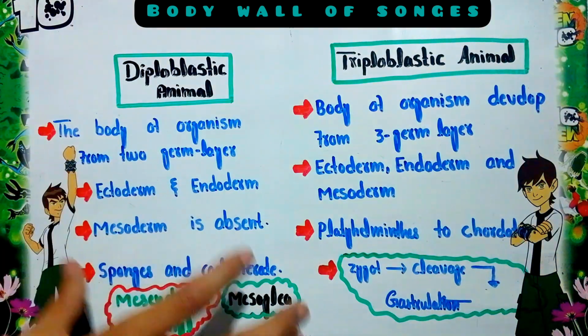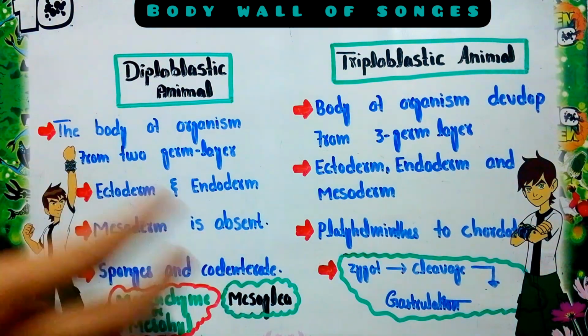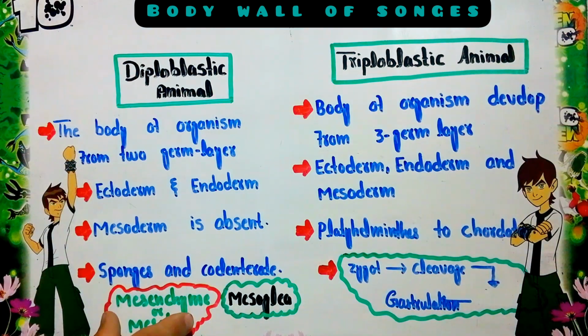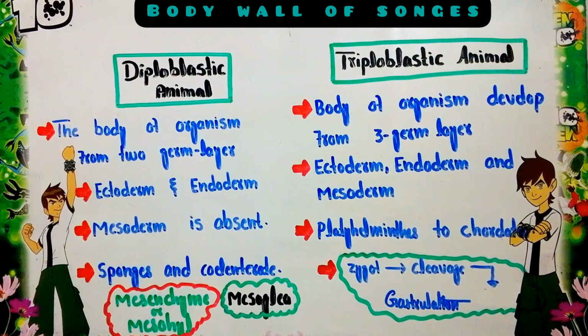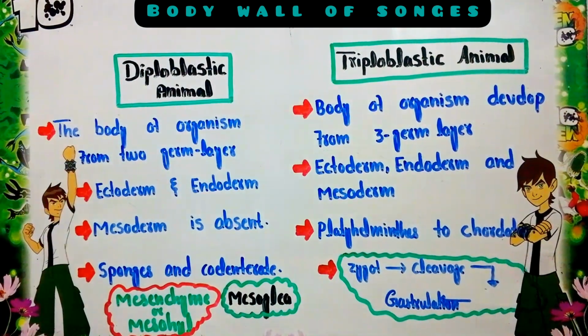You should remember the names of these two gelatinous matrices. In sponges it is mesohyl or mesenchyme, while in cnidarians it is called mesoglea.